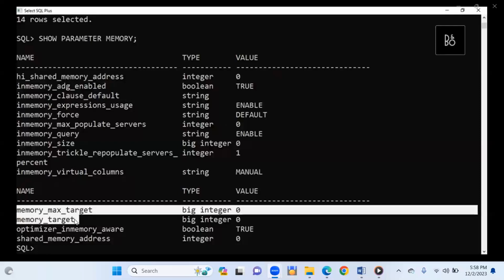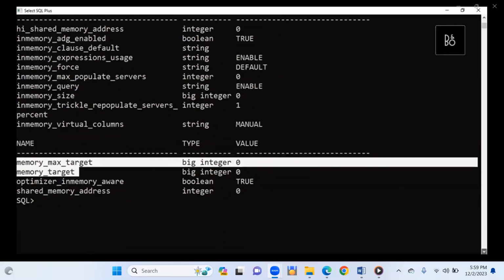This is only connected to the memory, which is a combination of both SGA and PGA. So you can see memory_max_target, memory_target. Here, we do not have any sga_target or pga_aggregate_target.